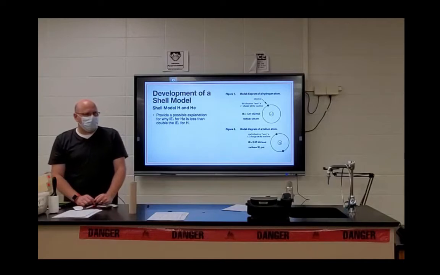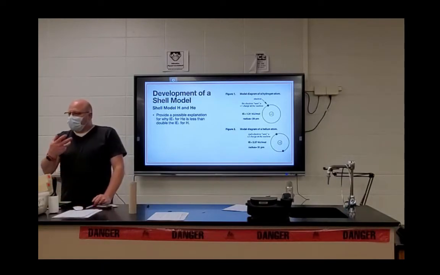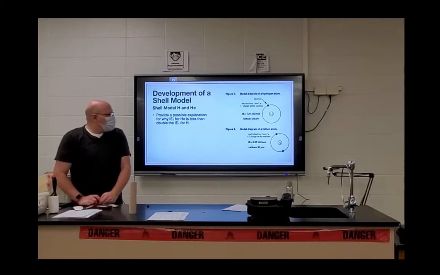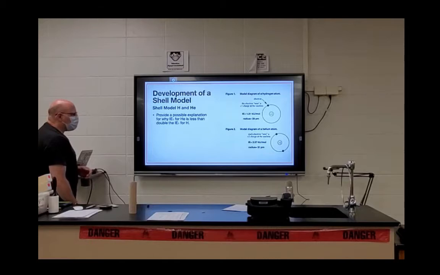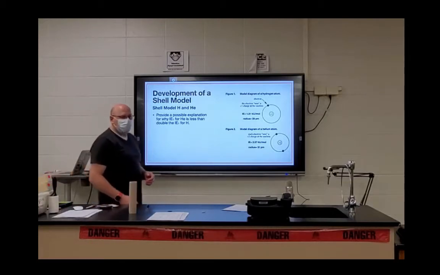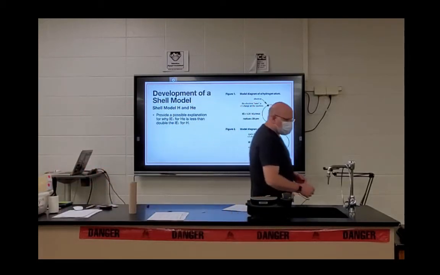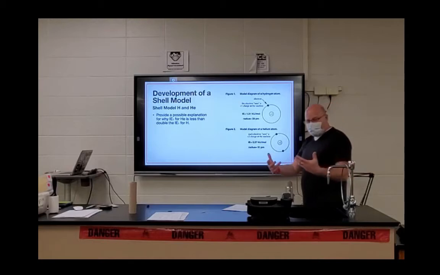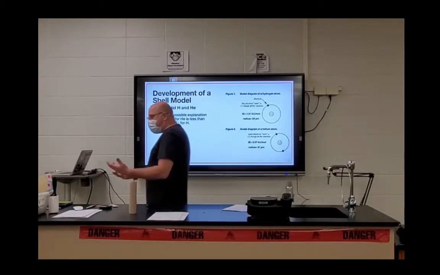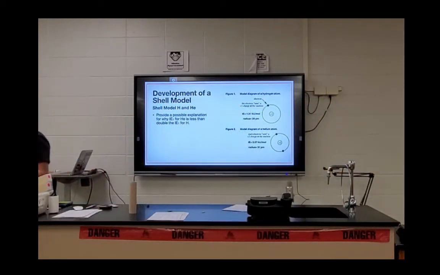Which means the ionization energy is going to decrease. And what was the other reason? The electrons repel each other. And if the electrons repel each other, that's going to decrease the attraction compared to what we would expect and make it easier to remove it.